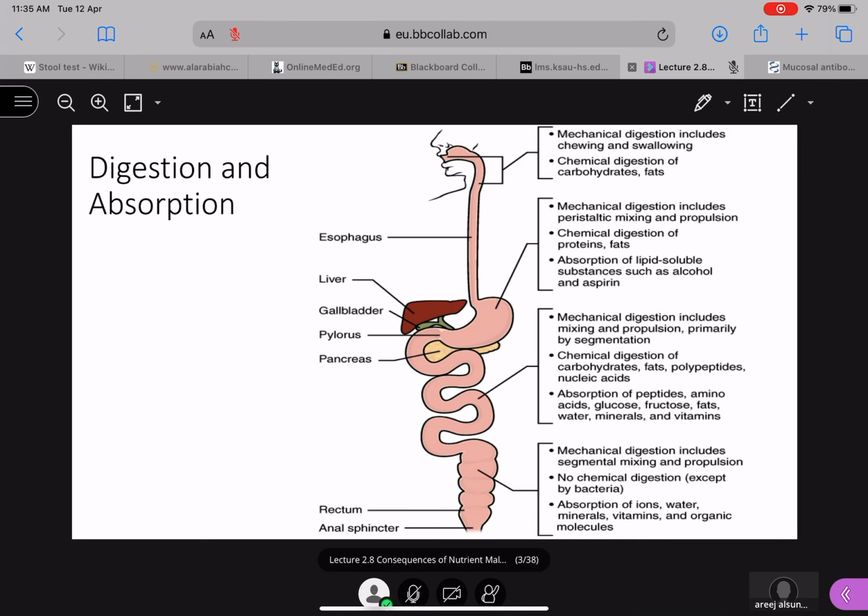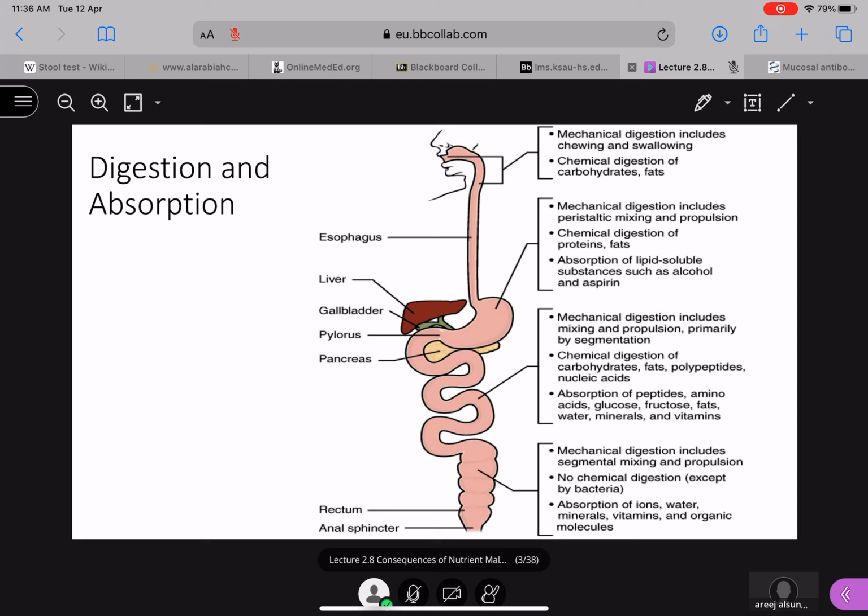So briefly, the gastrointestinal tract is designed to digest and absorb nutrients. And this happens from the first part of the gastrointestinal tract, the mouth, till the last part, which is the colon. However, each part is specialized to do specific things.